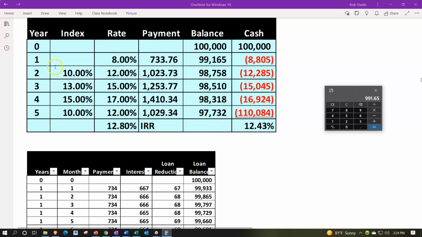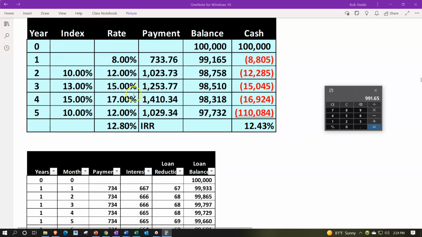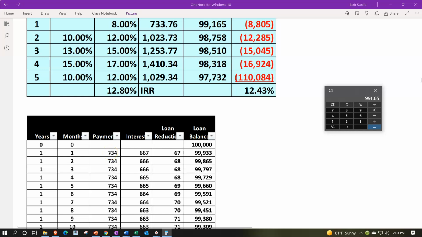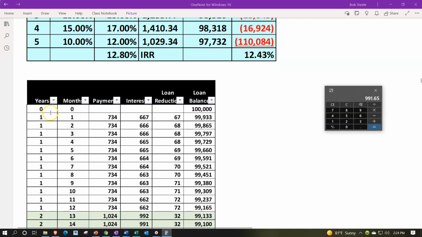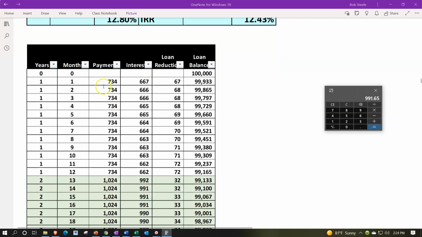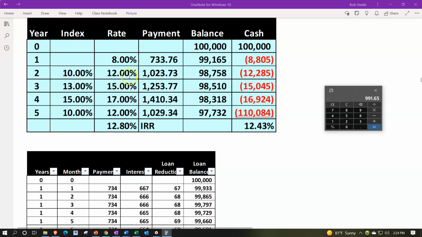So in other words, if I was in year 1 and year 2 had not yet happened, then I can say, okay, that means in year 1, we'd have this 734. And then let's say year 2 just happened and year 3 has not yet happened. I'd have the 734. Then it goes to the 1024. So there's the 1024, the rate at the 12%.